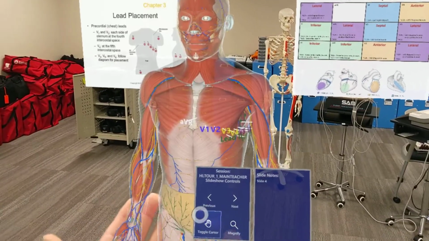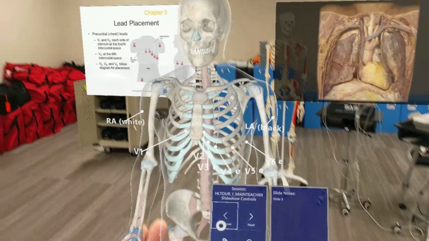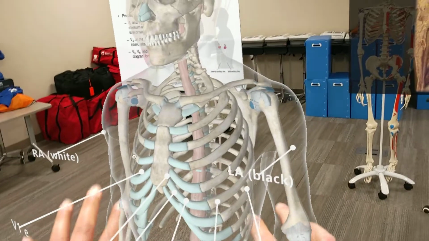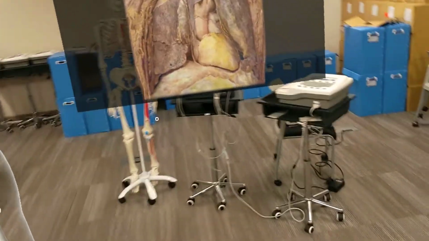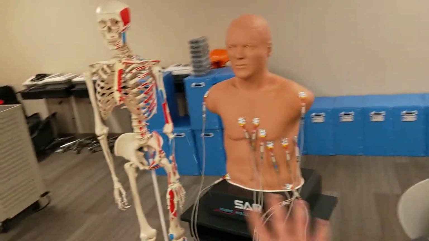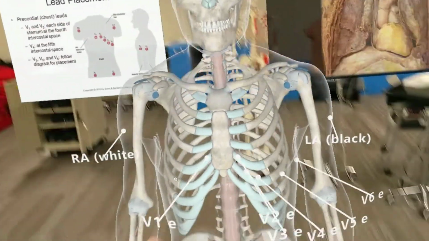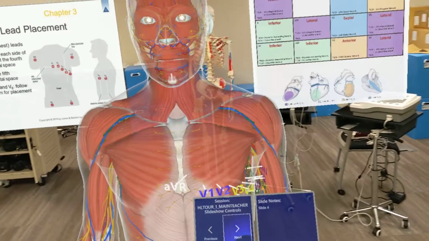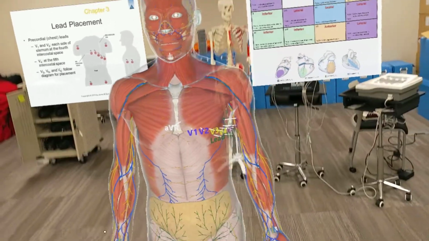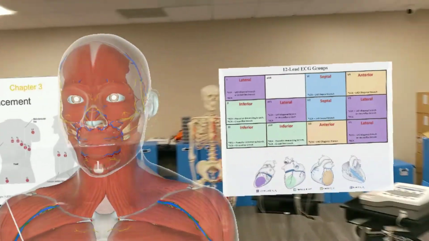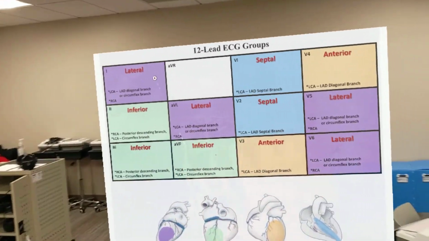these are the electrodes, the placement of the stickers and the wires, as you can see here, on the person. That relates to the regions that we're looking at, or the leads that we're looking at. And so, as you can see here, the lead placement and then the lead itself.